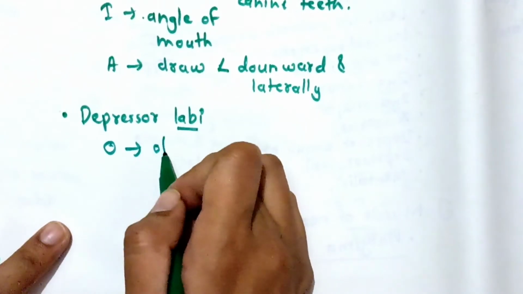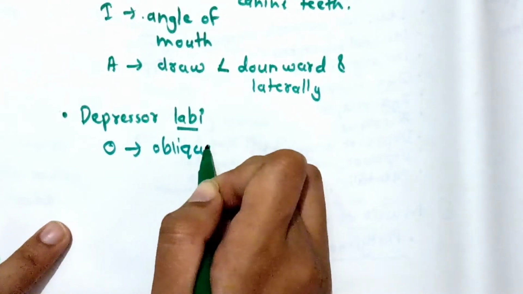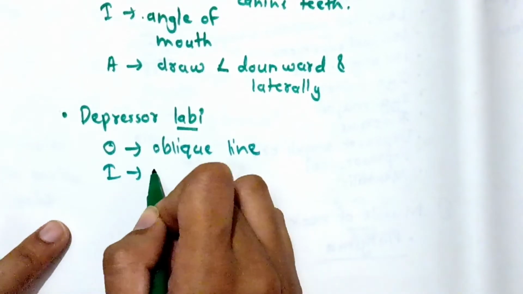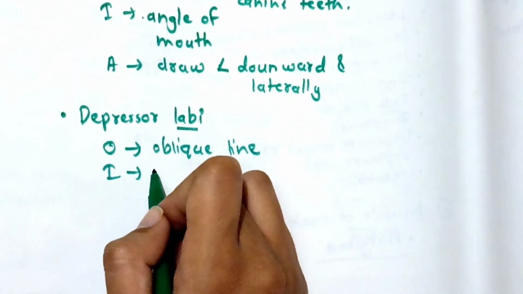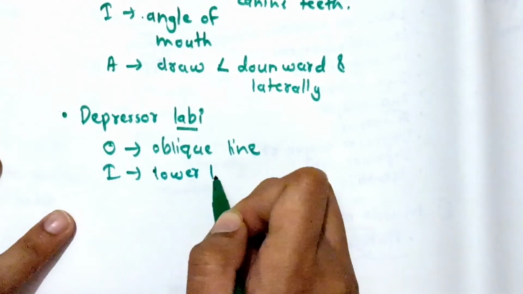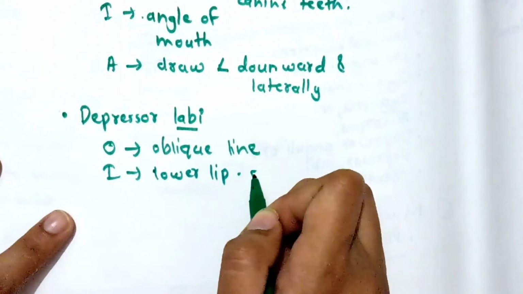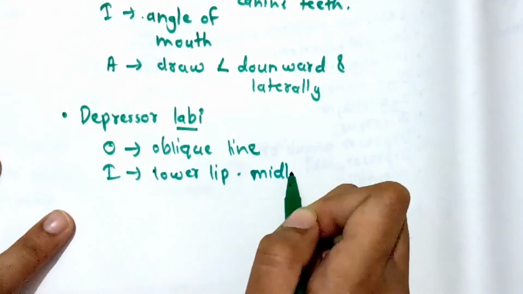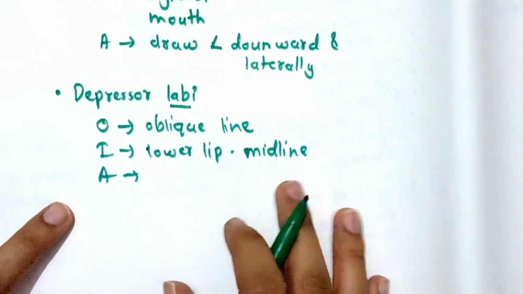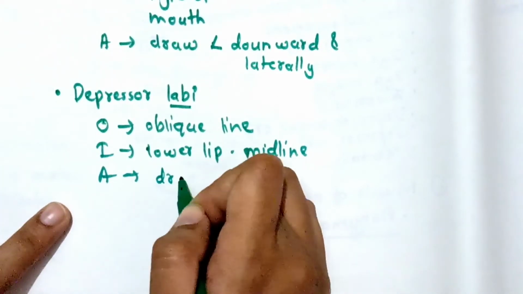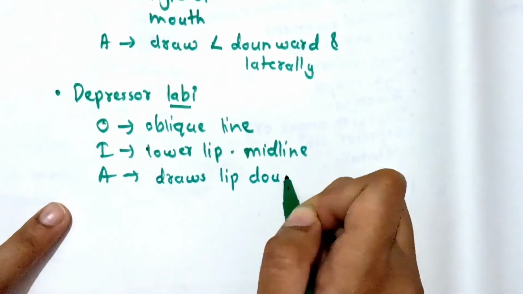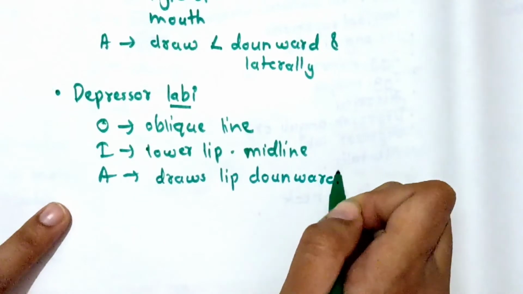Again it is also on the oblique line of mandible, and insertion will be on the lower lip at the midline. Okay, what will be the action? Draws the lip downward.